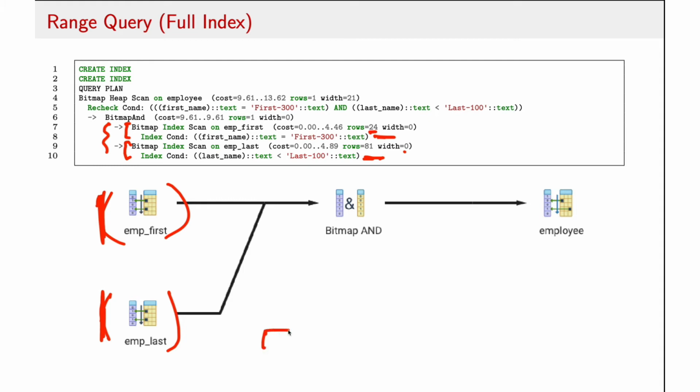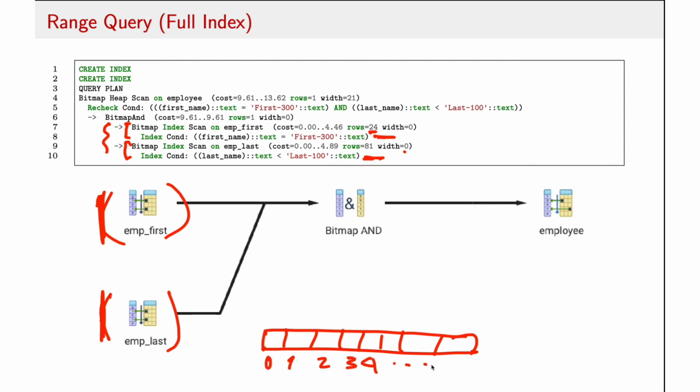So if you imagine a bitmap, right, here's our bitmap for employee last, and I'm obviously not going to draw 10,000 rows here, but if this is row 0, row 1, row 2, row 3, row 4, and so forth, and what we're saying here is that each of these boxes in this array can hold a bit, and that bit is going to be true, set to 1, if the corresponding row happens to have met this last name criteria. So maybe we have zeros in this whole thing except for a 1 here and a 1 here and a 1 here and a 1 here.